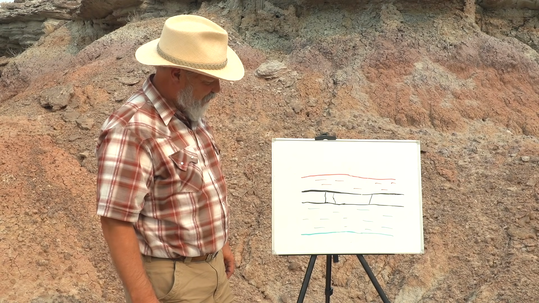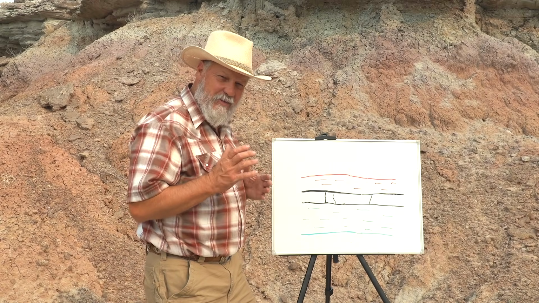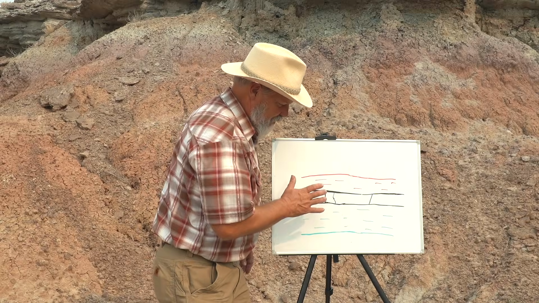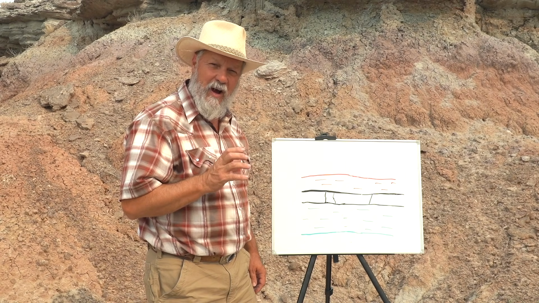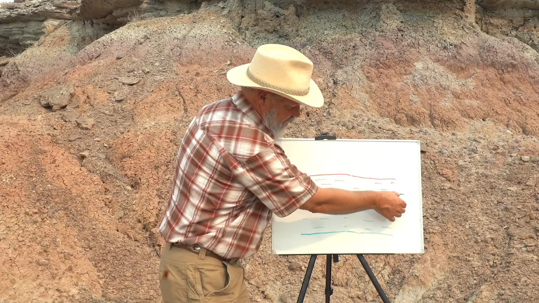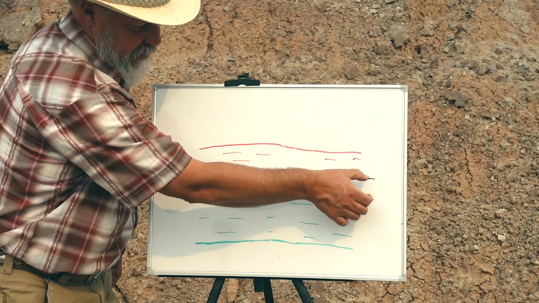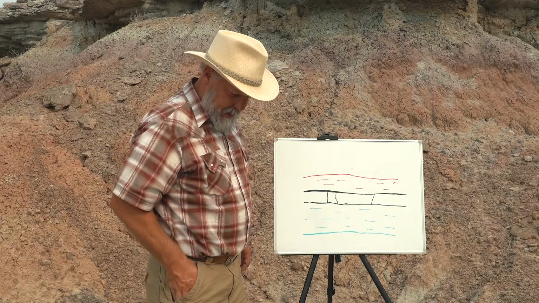So here I am with my trusty sketchboard, my whiteboard here, to try to make this really clear as to what happens when you put a layer of resistant rock within soft rock. So this sketch here, this black layer here, we'll say is a nice durable sandstone, okay?